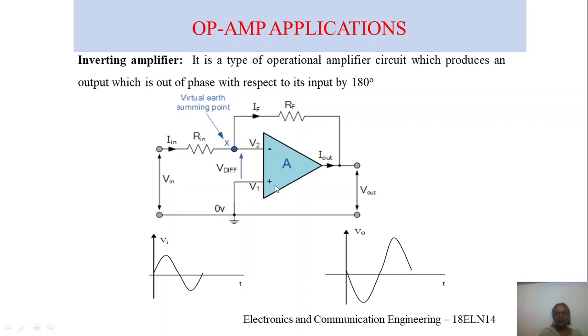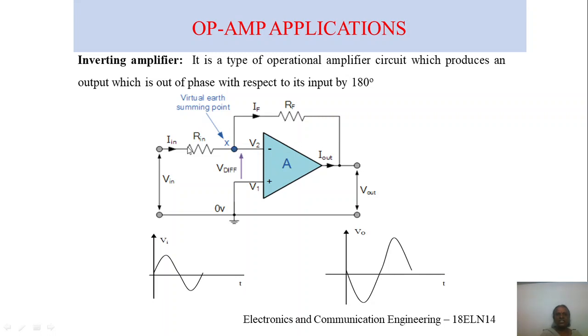Here the positive, meaning the non-inverting input, is at 0 volts because it is grounded. This junction is called a virtual earth, and because of this virtual earth a node is created.